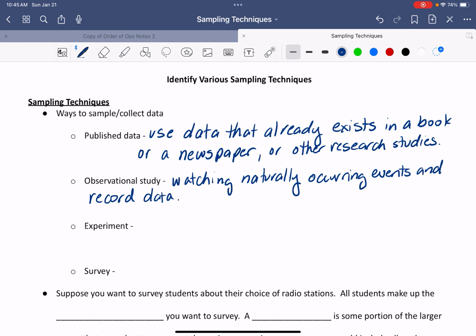An experiment. Okay, well, you guys know what that is. When we conduct an experiment and collect data. So I know most of you probably had biology, some of you have had chemistry, and when you go in there, you do an experiment and you're actually writing down, oh, what did I observe?